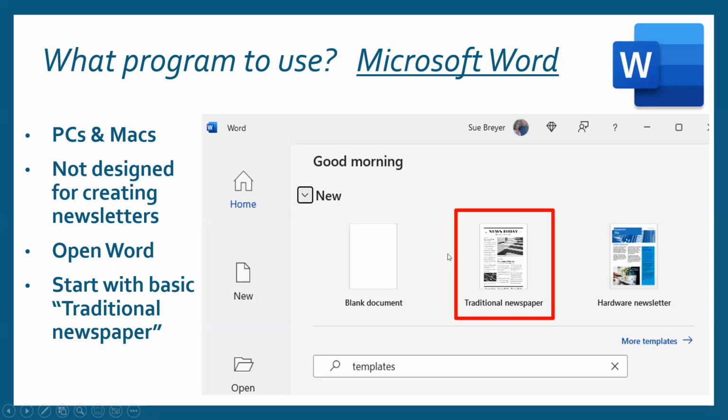So you don't necessarily need to start from scratch. Now this says traditional newspaper, but I'll show you on the next slide that this looks like a lot of the newsletters that I see in divisions around the state. So you can start with that, or you can go over here where it says more templates in that lower right-hand corner, okay?